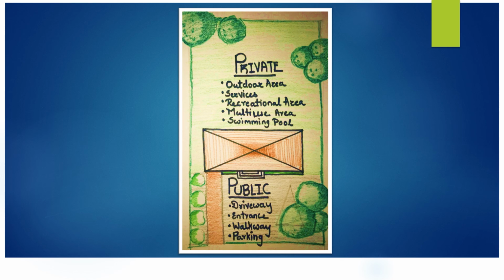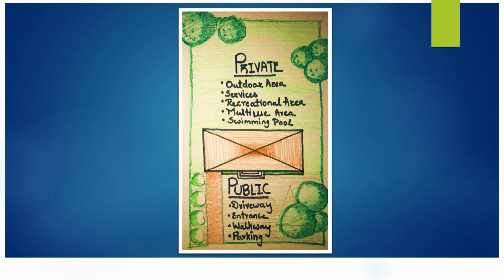And you need to take into consideration that your public area is going to be attractive. It is going to attract the viewer, or it is going to add beauty to your landscape.